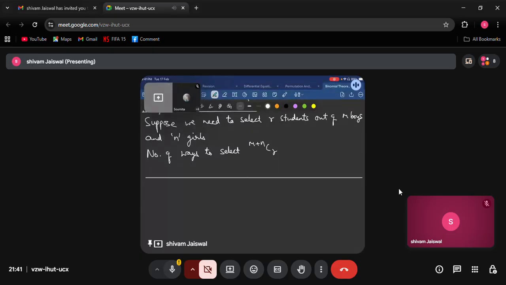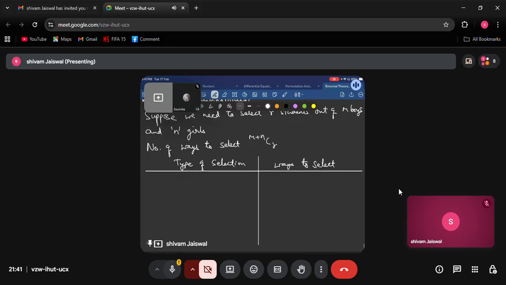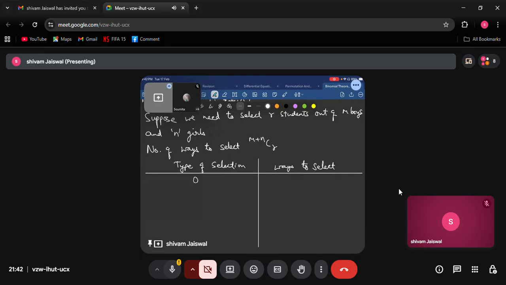In how many ways can we do it? In the first column, I'm going to write down the type of selection, and in the second column, the ways to select. Either you can select 0 boys plus r girls.